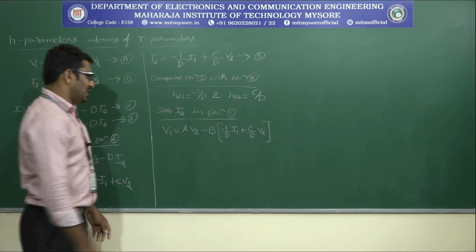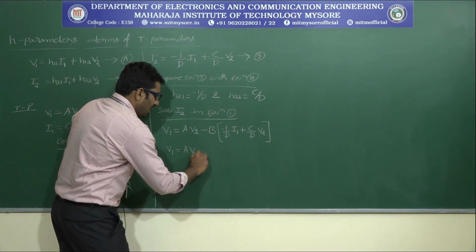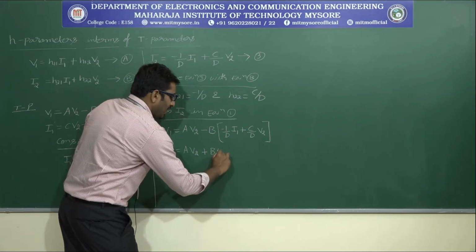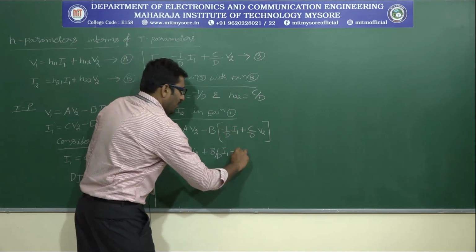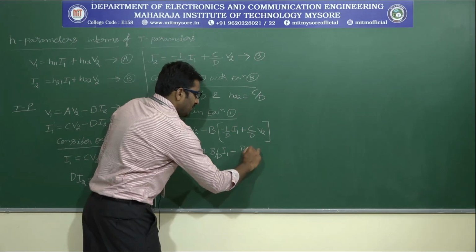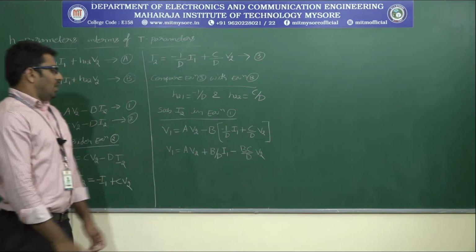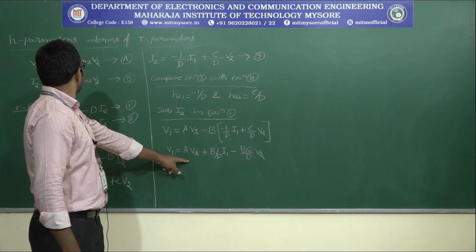Now just simplify this equation. V1 is equal to A V2 minus into minus plus B divided by D I1 minus into plus minus BC divided by D V2. Now V2 can be taken as a common factor, correct?